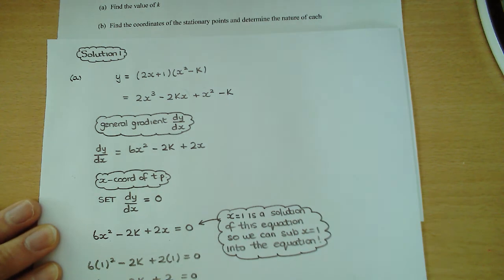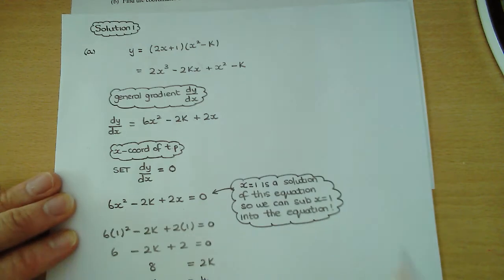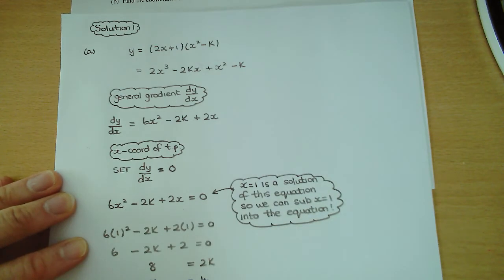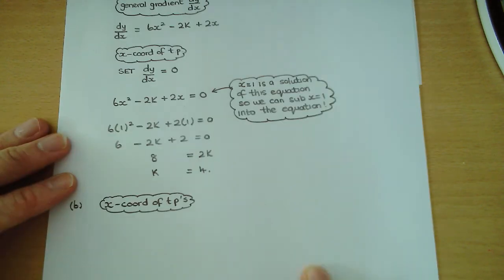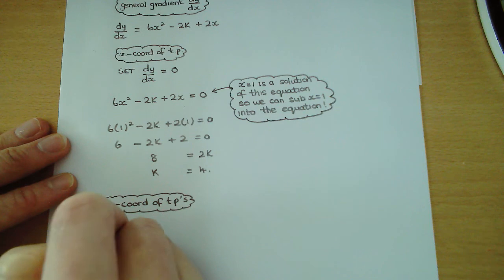Okay, so to get the turning points, we need to start with the x coordinates of the turning points. So we're kind of going back again. x coordinates of turning points. So remember, we set dy by dx equal to 0.